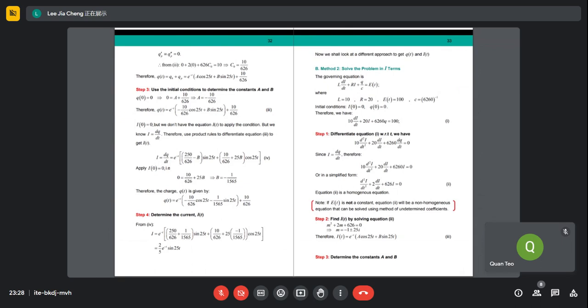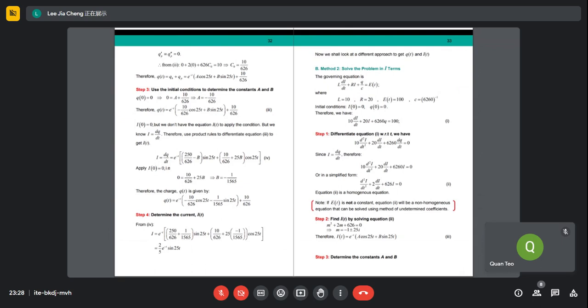Now we want to solve in terms of i, so we have to eliminate the q. We know i is equal to dq/dt, so we just differentiate the equation with respect to t.